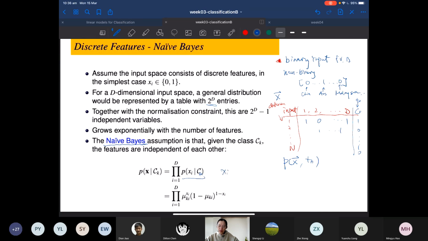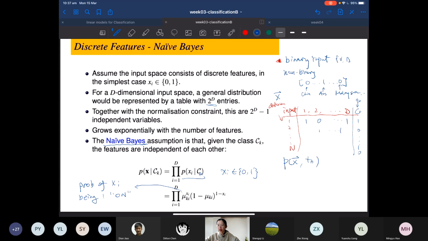Because Xi is either 0 or 1, we call the probability that feature i is on, or being 1, mu. Then the data likelihood can be written out as a product of the parameters.